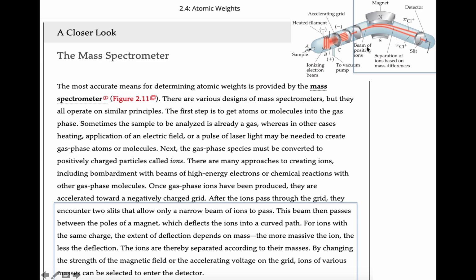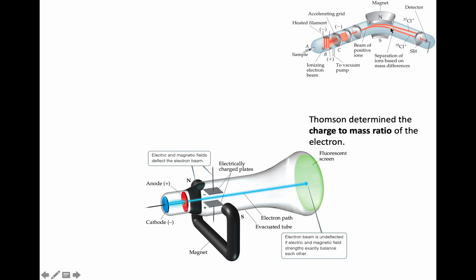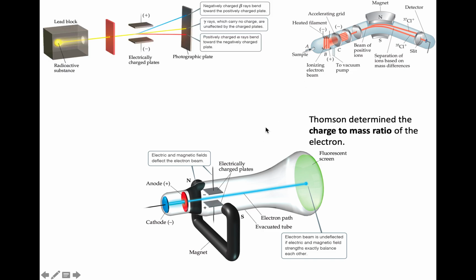The two variables that are affecting the trajectory are the charge and the mass. This sounds awfully familiar to what we saw with J.J. Thomson's investigation of cathode rays. He's credited with discovering the electron because he identified a ratio involving its charge and mass, and he was deflecting it, after all, in electric and magnetic fields. You can see the connection between the two.